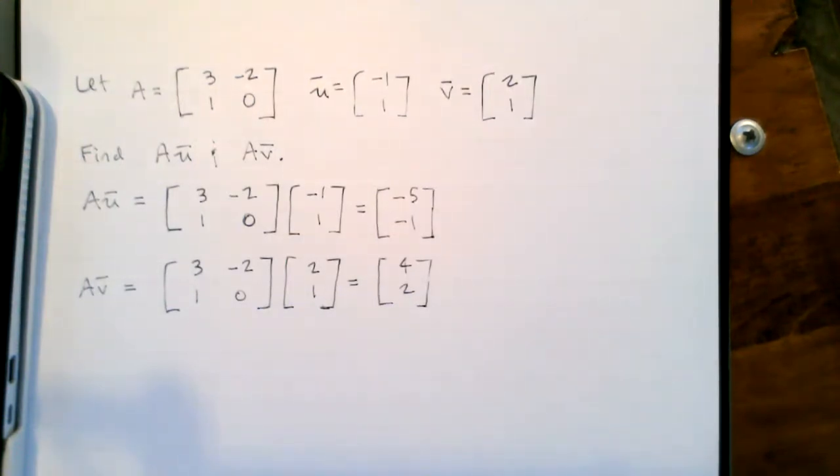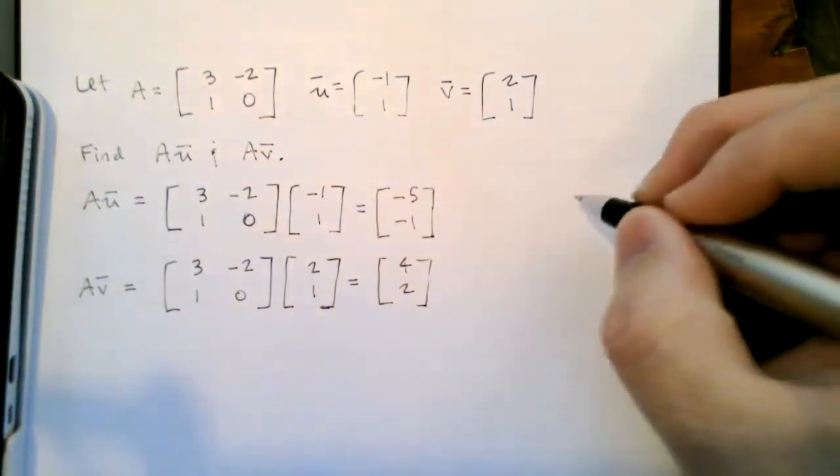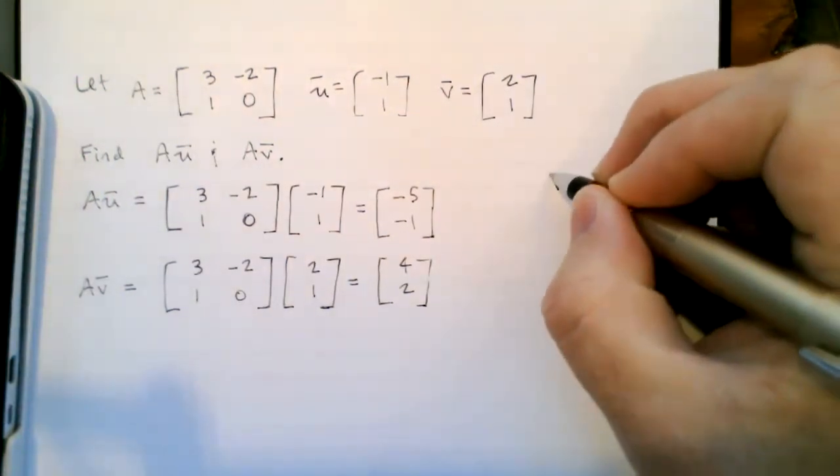It's not obvious right now, just doing these multiplications, that something interesting has happened, but something interesting has happened. If I look at what A did to the vector U, I went from -1, 1 to -5, -1. So U is going in this direction, -1, 1.